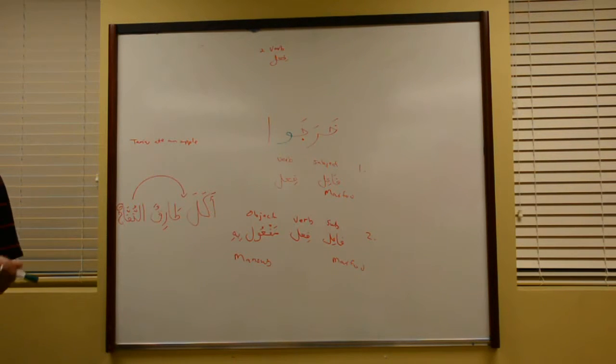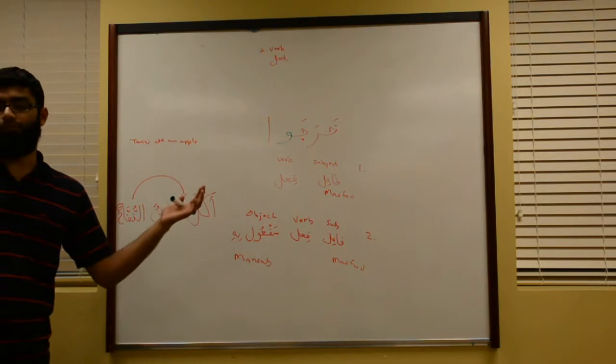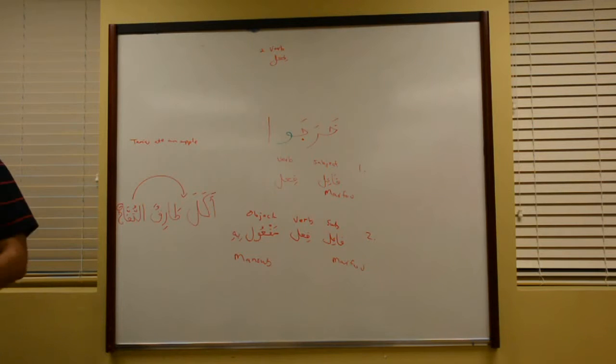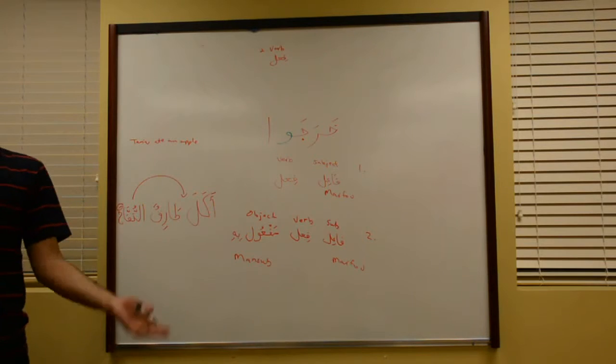You're going to find this a lot in the Quran, where you'll see a verb but won't see the object until much later, or you'll see the object before the verb, or the subject right after the object. You can do that in Arabic because if something is mansub, then it's going to be your object.